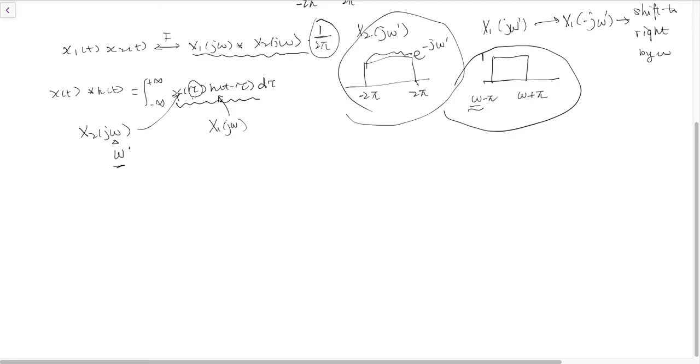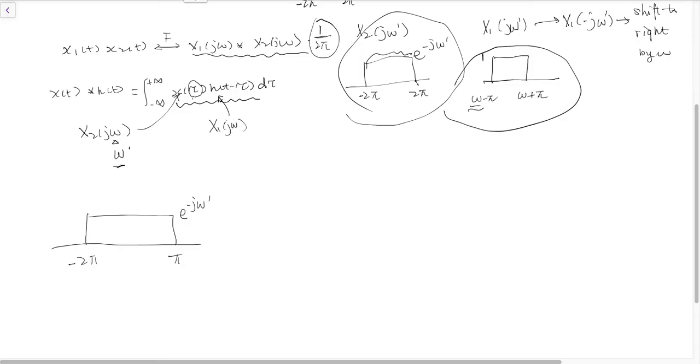So the first interval, let me draw here, negative 2 pi with the e to the negative j omega prime. Let me change the color.